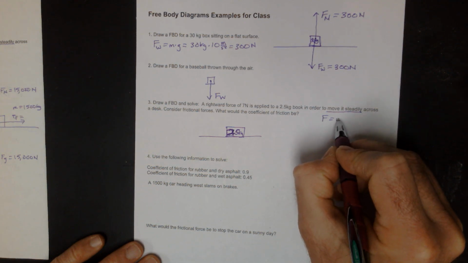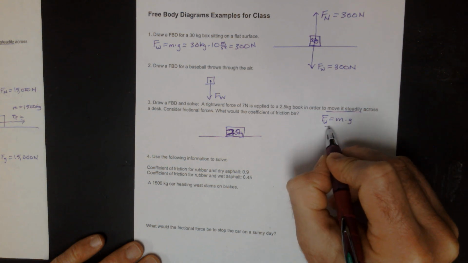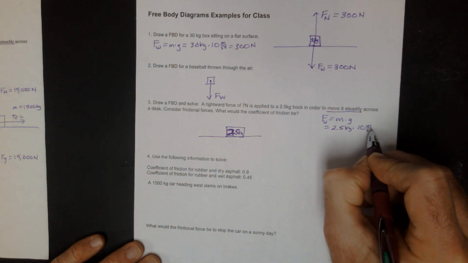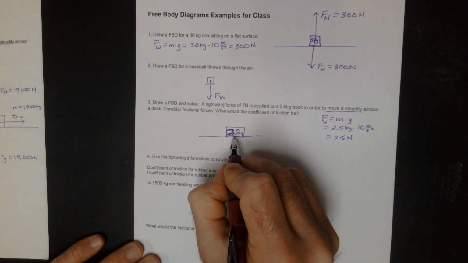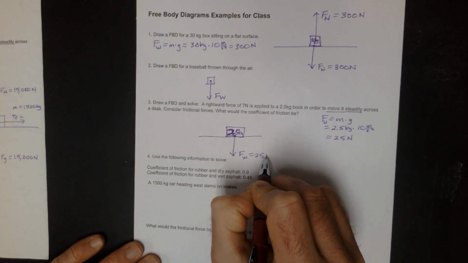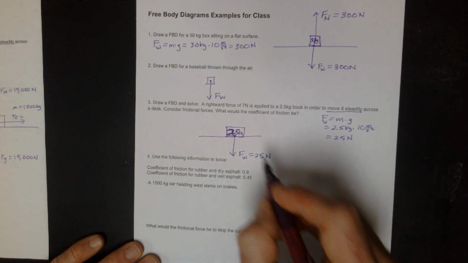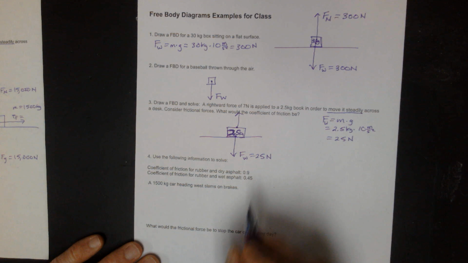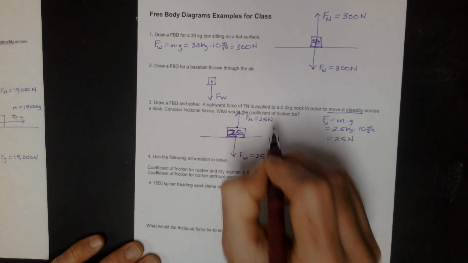So my force of weight on this is going to be mass times gravity. 2.5 kilograms times 10 meters per second squared is going to give me 25 newtons downwards on that book. So my force of weight is 25 newtons. And because this is not on a slope and it's not accelerating up or down, I know that my normal force is also 25 newtons.